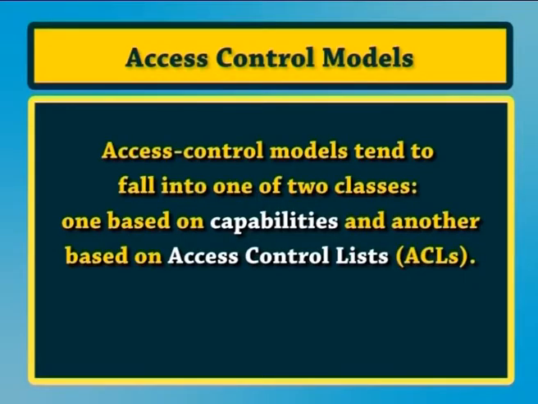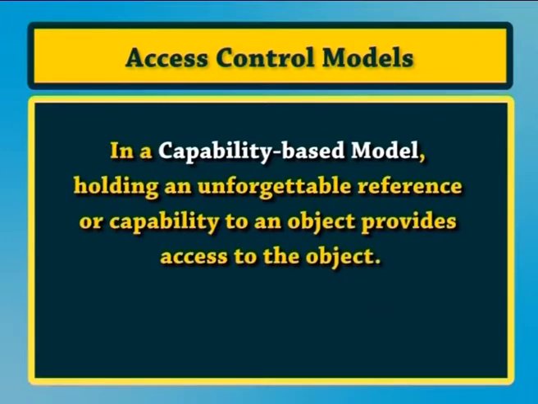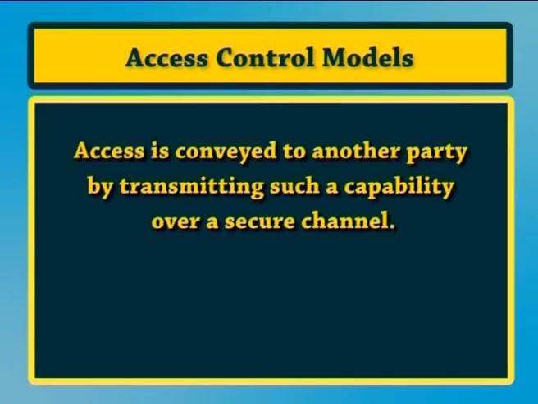Access control models tend to fall into one of two classes, one based on capabilities and another based on access control lists. In a capability based model, holding an unforgeable reference or capability to an object provides access to the object. Access is conveyed to another party by transmitting such a capability over a secure channel.